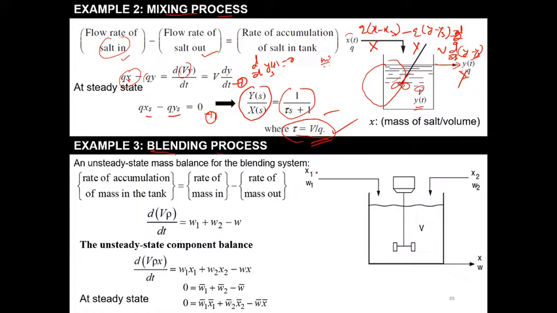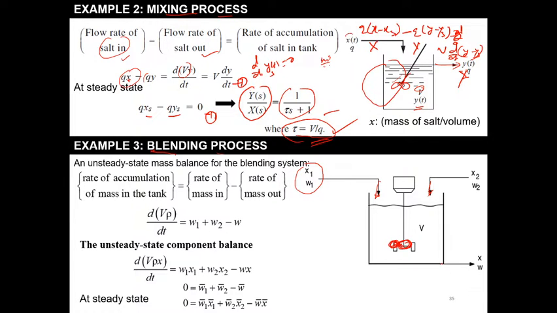In the blending process, you can see here the first fluid with flow rate W1 and concentration X1 is going to enter the tank. In a similar way, the second fluid with flow rate W2 and concentration X2 is going to enter the tank, and in the tank we are going to mix them with the help of the stirrer.